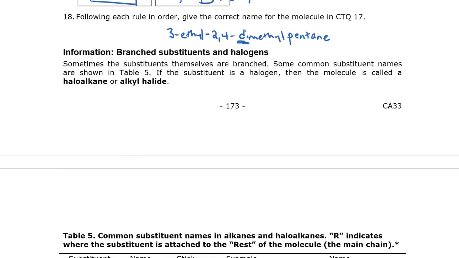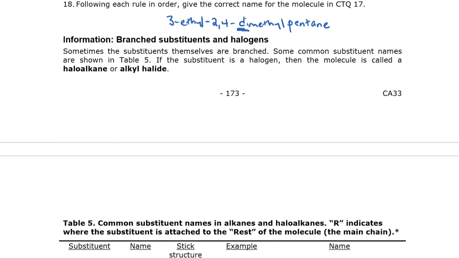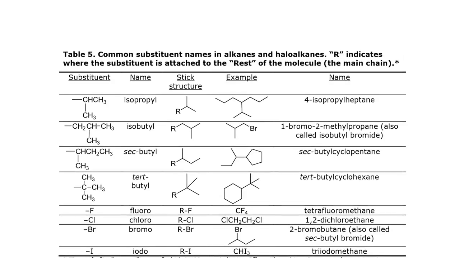Okay, now it just gets a little bit more complicated. Sometimes the substituents themselves are branched. Also, you can have other substituents besides alkanes. So this table is to learn 2 different things. If you have halogens, called the halides, then F is fluoro, Cl is chloro, Br is bromo, I is iodo.